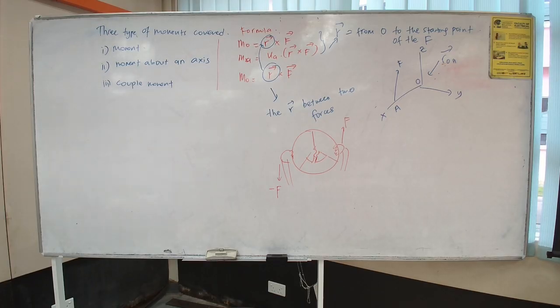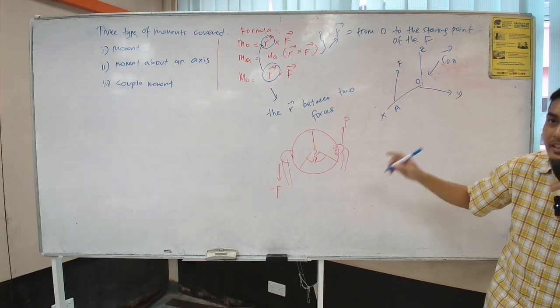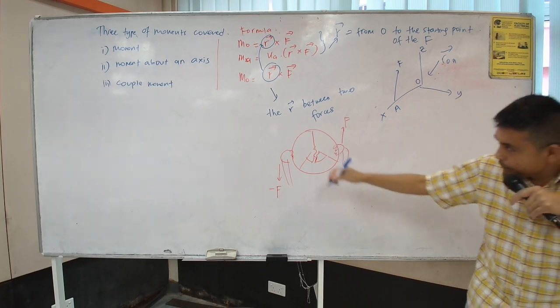Okay. So, in order to solve the moment for the couple moment, the R here actually is the distance between the two forces.